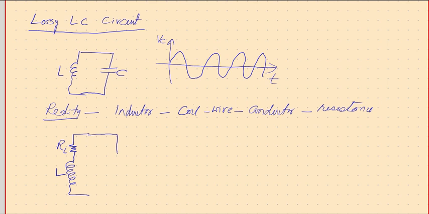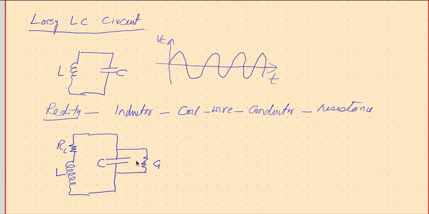On the other side, when you say a capacitor, yes, we have now an ideal capacitor, but there is a lossy medium, which says that across the capacitance there is some conducting material.